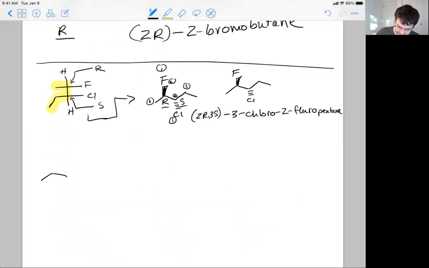Let's say we've got I, Br, Br. So in this case, I could start at 1 and then 2, but that would give me a 1, 2, 2 numbering because both of the bromine substituents would be 2s in that case.